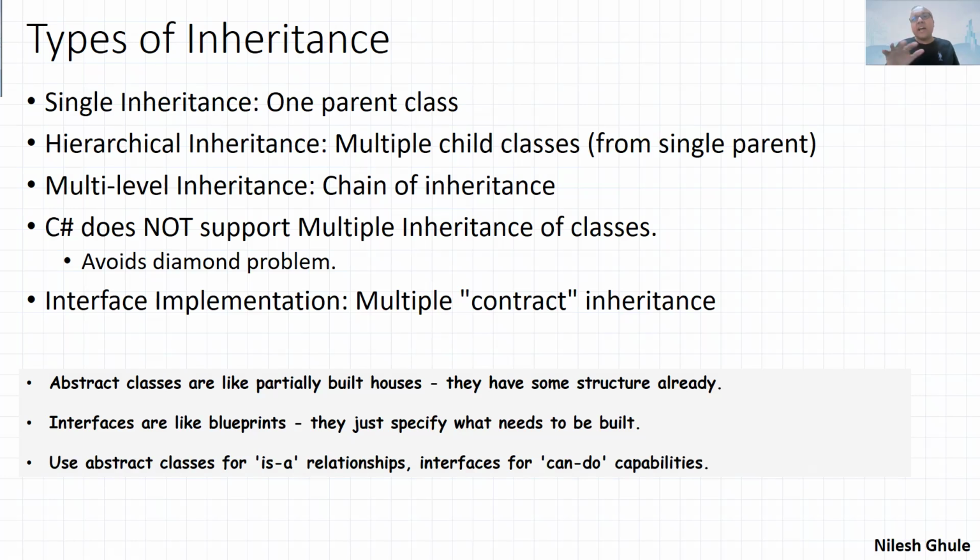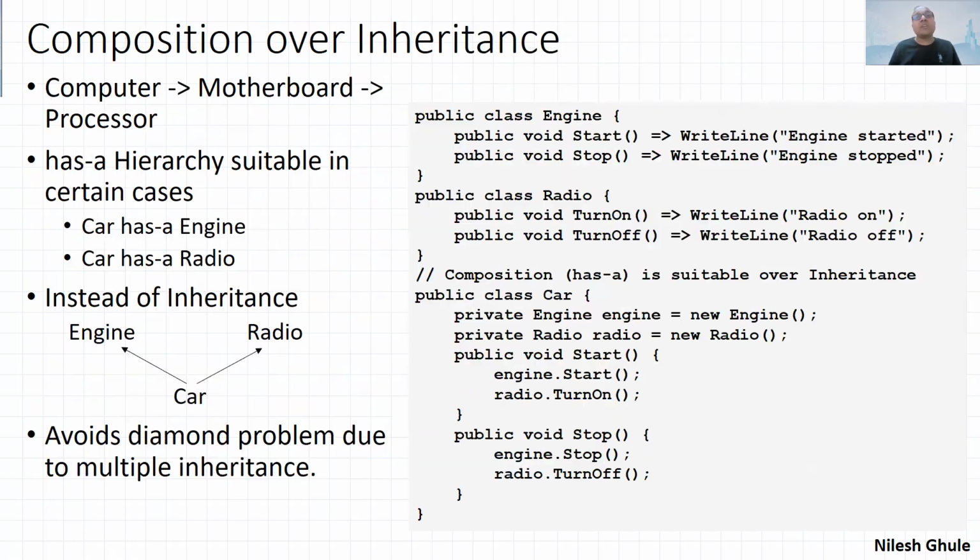But as I said, hierarchy is not all about the is-a relationship. Hierarchy also talks about the has-a relationship. And sometimes the has-a relationship is preferred over the is-a relationship, especially to avoid that diamond problem. One simple example of a has-a hierarchy is: computer has a motherboard, which has a processor.